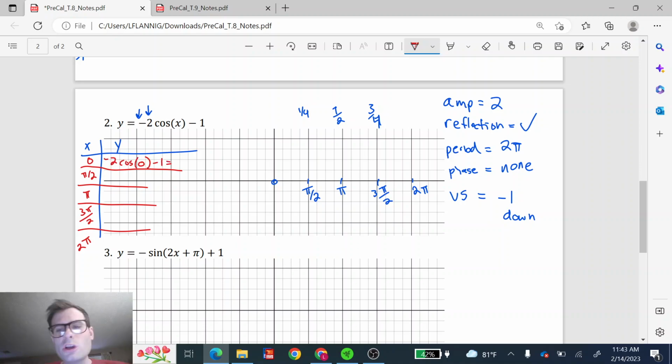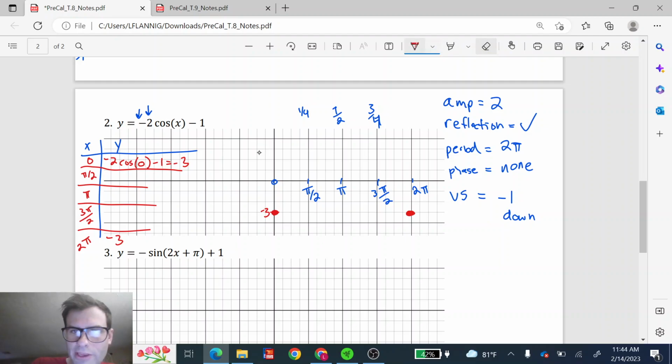What's the cosine of 0? That's what you have to ask yourself. Cosine of 0 is 1. So 1 times -2 is -2. -2 minus 1 is -3. And if you remember, the first and the last are always going to be the exact same thing. So that's -3 right here. It's going to start here and also end there.